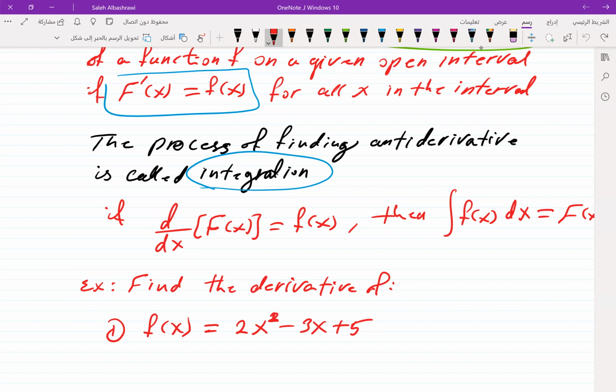The derivative for this function, let me write it as capital F since we are using this one, is f prime equals 4x minus 3.